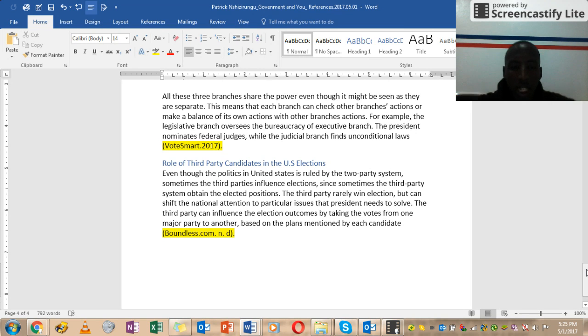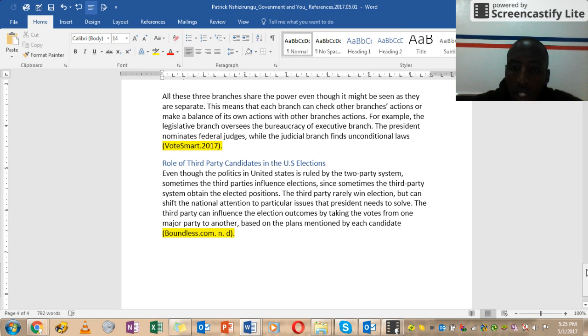The third party rarely wins an election but can shift the national attention to particular issues that the elected president needs to solve. This means if there were some issues that were not considered during the election campaign, the third party sometimes points them out.